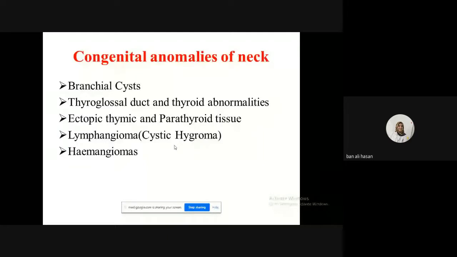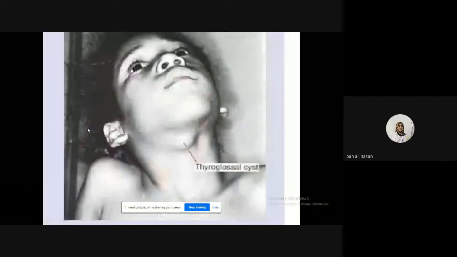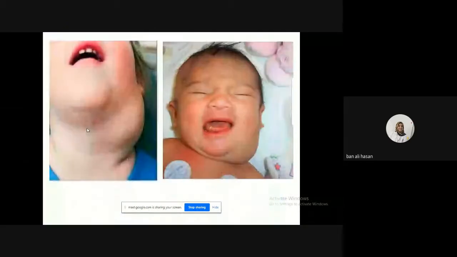Okay, so another abnormality is ectopic thymic or parathyroid tissue cysts, and this also, as you can see, happened at the time of the pharyngeal pouches, and they also happen by aggregation of the fluids. Some wastes of the cells can all aggregate and be seen as a cyst in the neck.